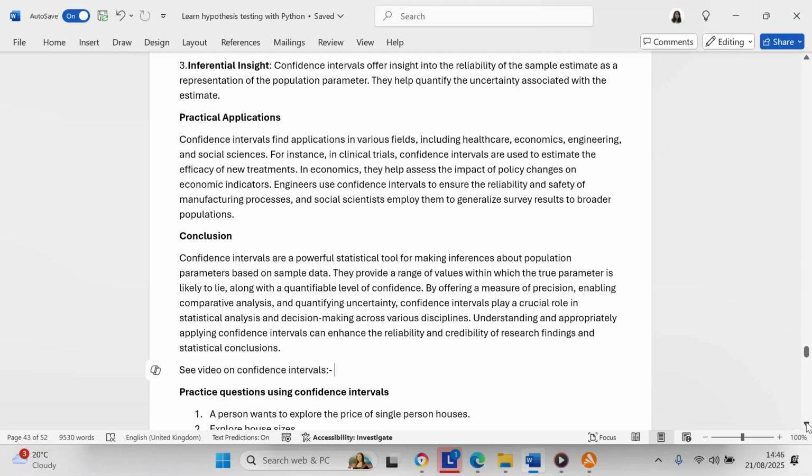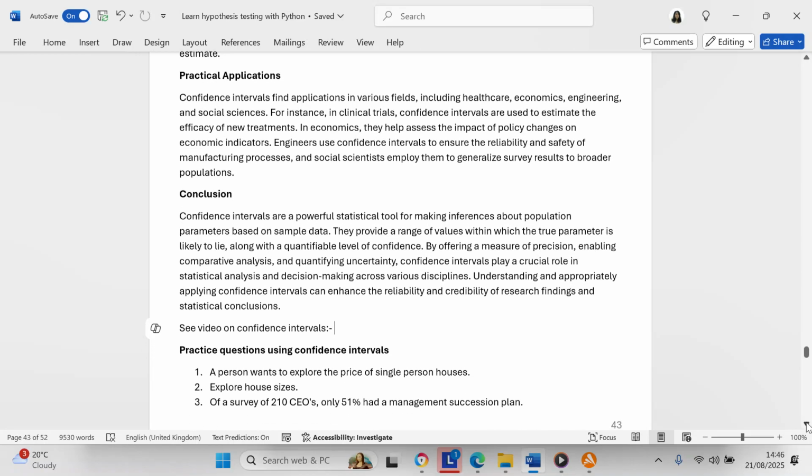In economics, they help assess the impact of policy changes on economic indicators. Engineers use confidence intervals to ensure the reliability and safety of manufacturing processes. And social scientists employ them to generalize survey results to broader populations.